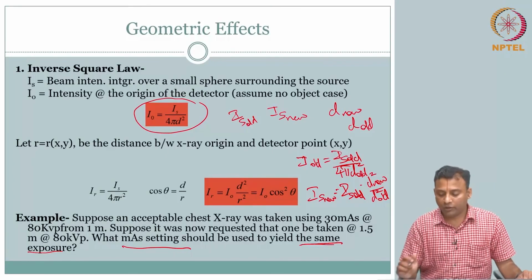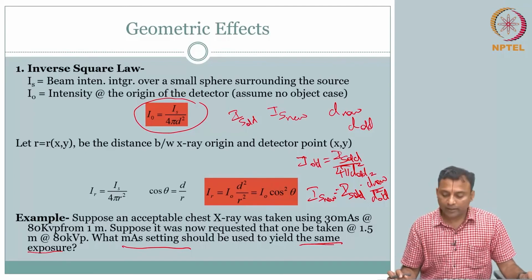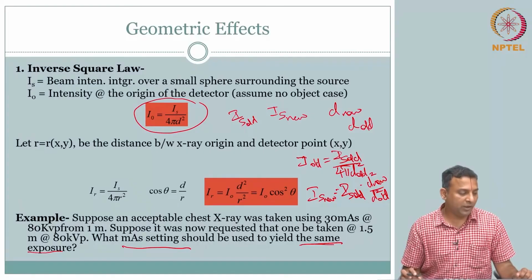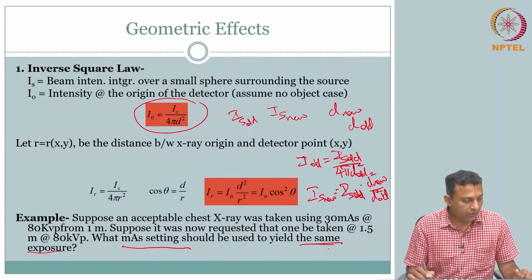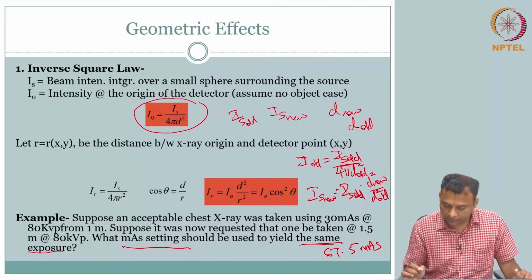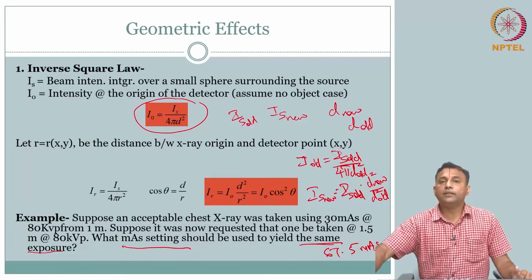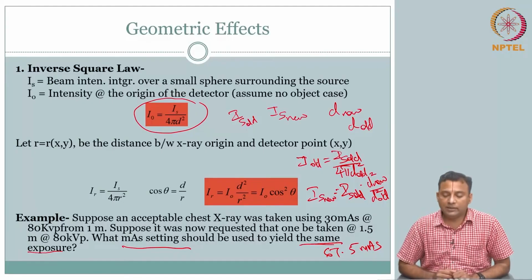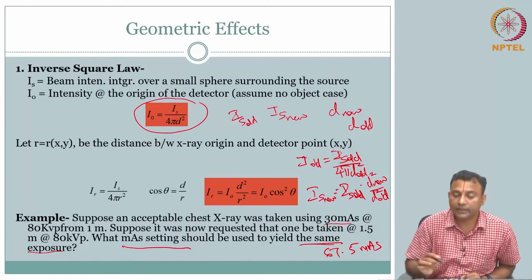So you substitute, you are given all the other aspects, and you will get some numerical value. If you punch in the given values, you will see it is coming out to some 67.5 milliampere second. Why is this important? You are using 30 milliampere second.